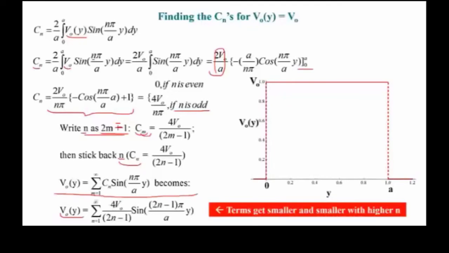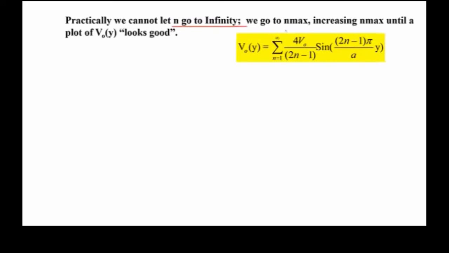We can't go to infinity, so we have to take some value of n max and put it here. The terms get smaller and smaller with higher n. And remember, this is the function that gave us this particular Fourier series. In practice, we go to n max, and increasing n max, we just keep increasing it until we are satisfied with a good representation of this function.